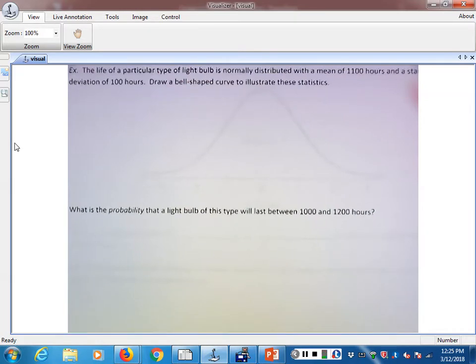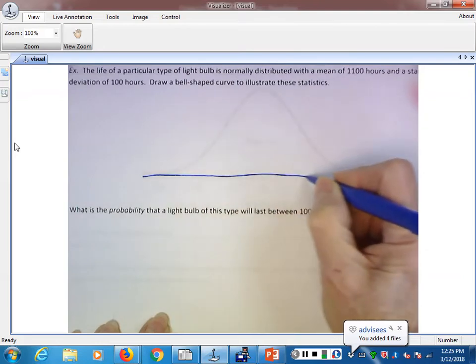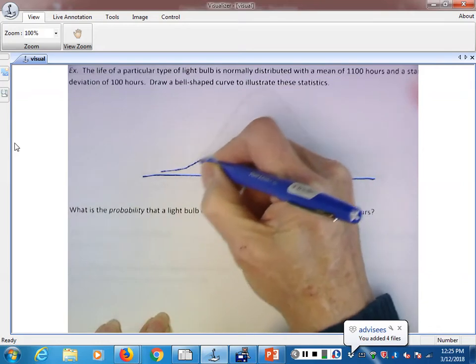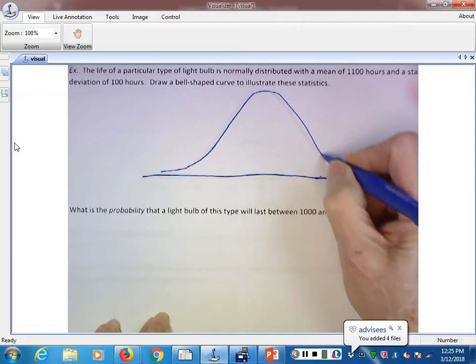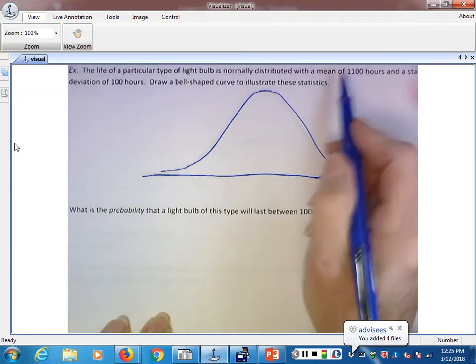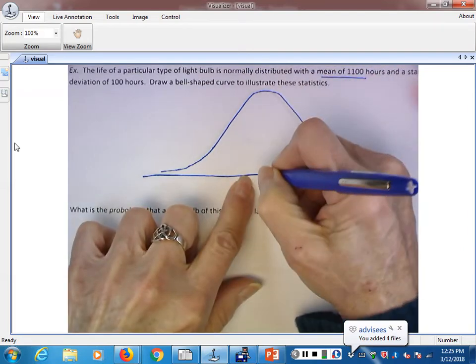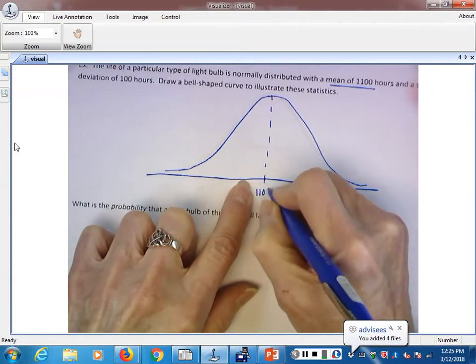So in order to answer that, remembering the normal curve, when it tells me that there's a mean of 1,100 hours, that means that center value is 1,100.